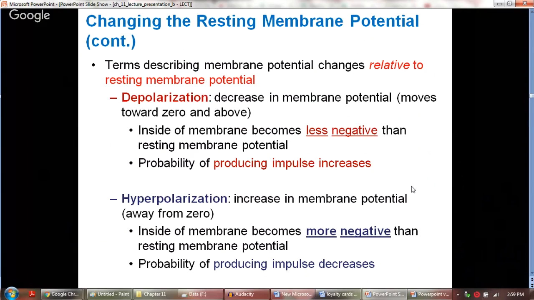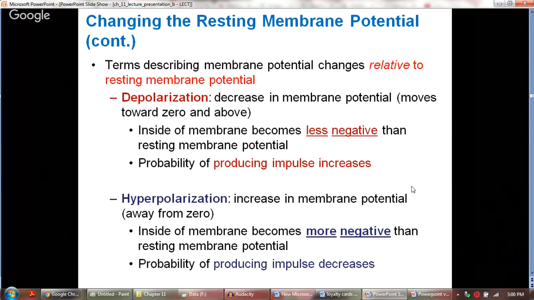With depolarization, the inside of the membrane becomes less negative, because for a minus to become more positive, positive ions need to come in. So the membrane inside becomes less negative than the resting membrane potential, and the probability of producing an impulse increases.